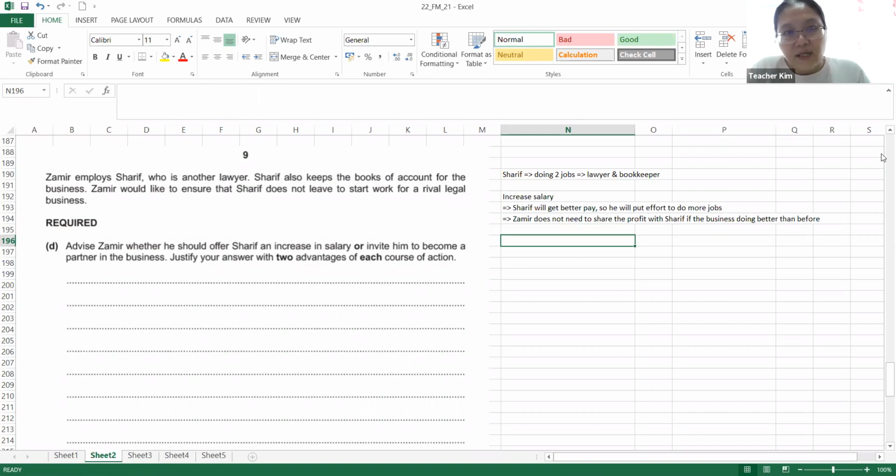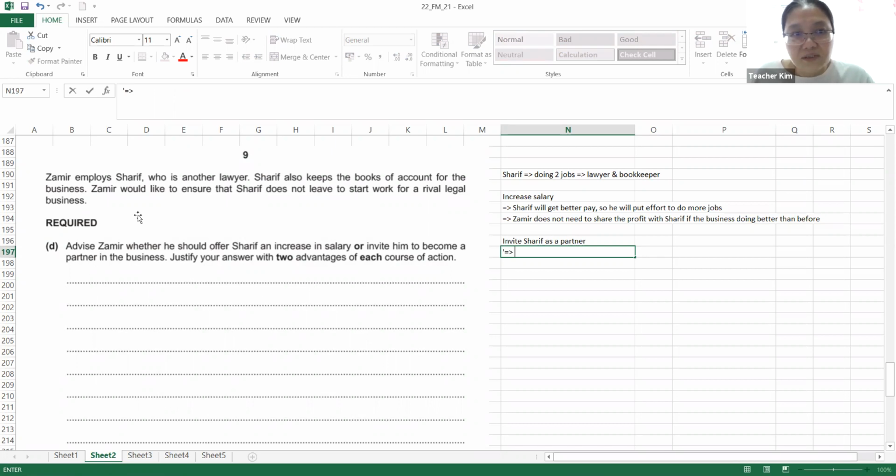Next, if he invites Sharif as a partner, I believe Sharif will be much happier because as a partner, he can share the profit. But this question is from Zamir's point of view. Try to think from Zamir's point of view. What is the benefit?